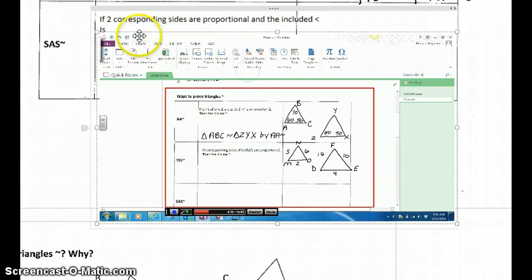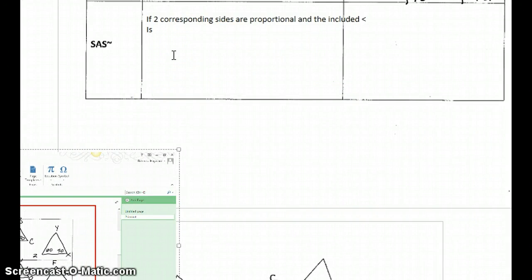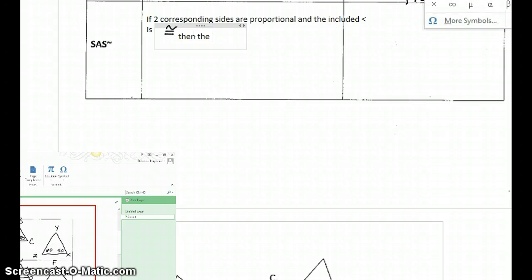Side-angle-side similarity. If two corresponding sides are proportional and the included angle is congruent, the triangles are similar. Let me draw a picture of what this would look like.